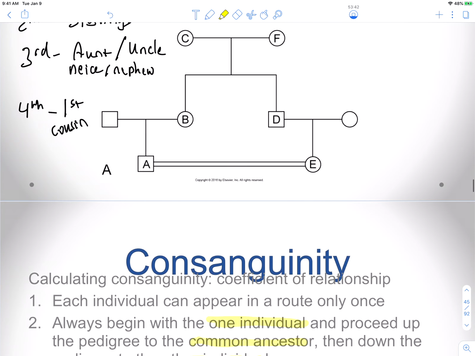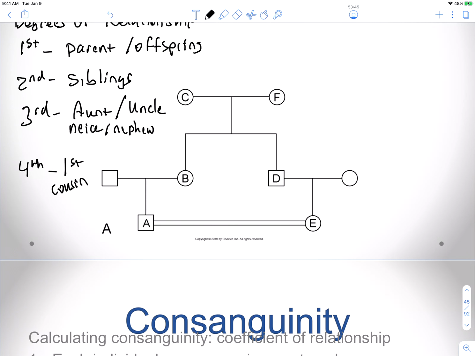Okay, so for this one, for example, you start here and you're going to go up. I'll do a dotted line. And so here's 1. And then you go up to the common ancestor, and so that's 2. And then you go down, and you have 3, and then you have 4.